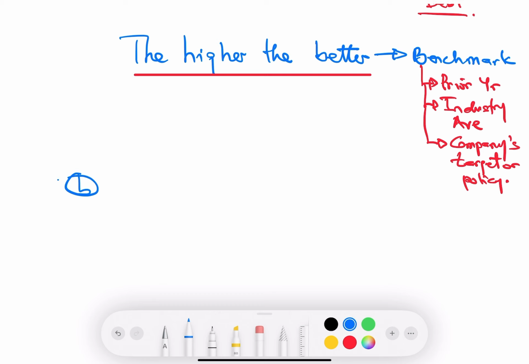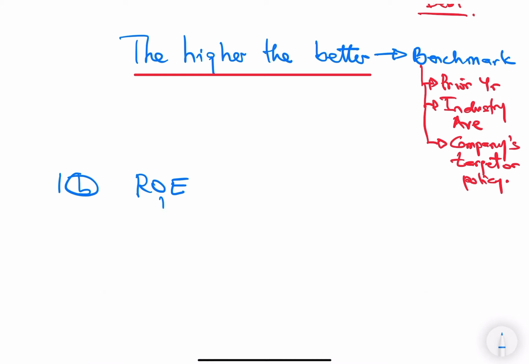The next one, 1B, is the ROE, which is return on equity. This is slightly different from ROCE because this one measures profit after tax, not profit before interest and tax. And what is it measuring? It's measuring how efficiently a company has used equity to generate profit after tax.